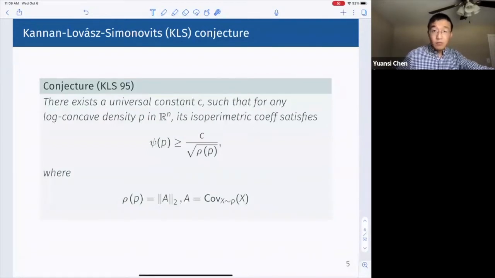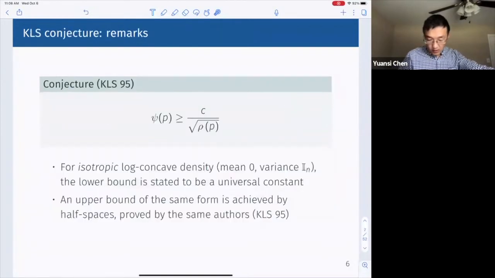Like was explained, the normalization is actually based on those partitions using half spaces or hyperplanes. Because you can prove the upper bound of the same form is achieved by half spaces, and it was proved in KLS 95.